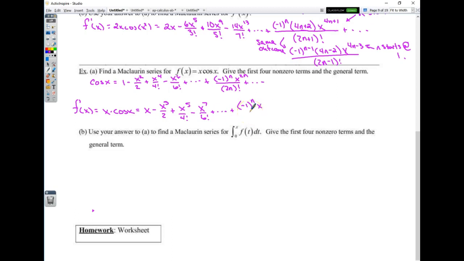What is the x to the something? 2n plus 1? Makes sense. We just added 1 x to that, didn't we? All over 2n factorial. Ladies and gentlemen, you can multiply by x. One of the most important applications for these power series, though, lies in the next example.